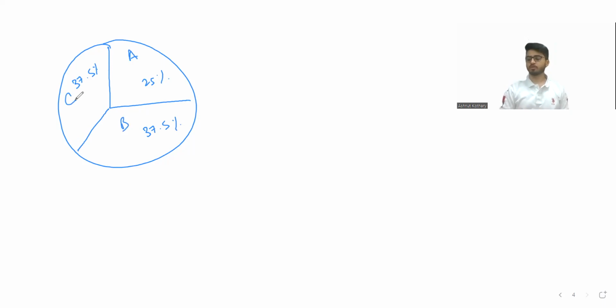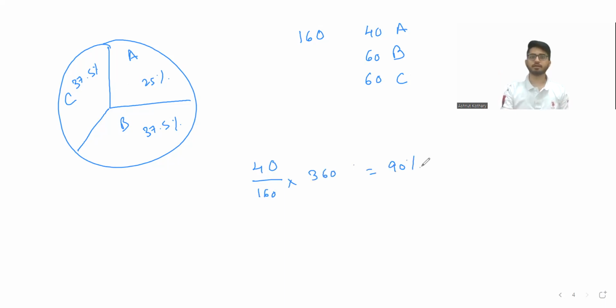So how we go about it is, let's say out of a total of 160 data, 40 belonged to A, 60 belonged to B, and another 60 belonged to C. And we need to represent this using a pie chart. So how we go about doing this is the total angle which you need will be the frequency of 40 divided by total 160 into 360 degrees, which becomes nothing but 90 degrees.